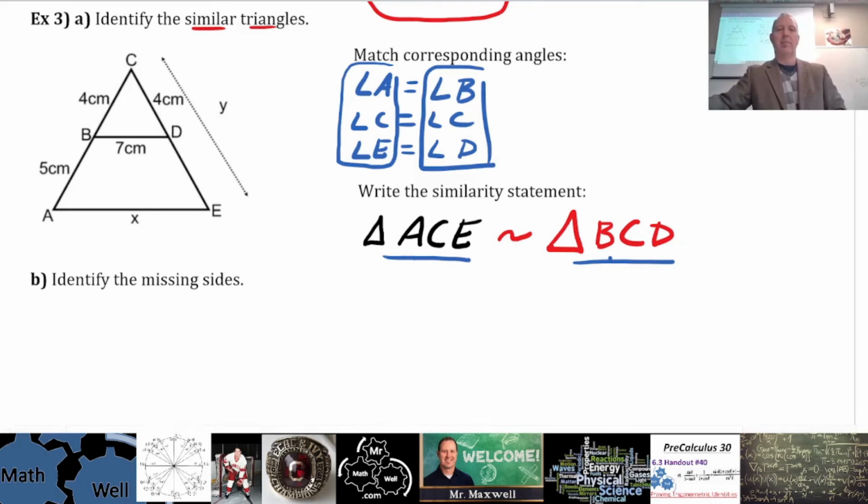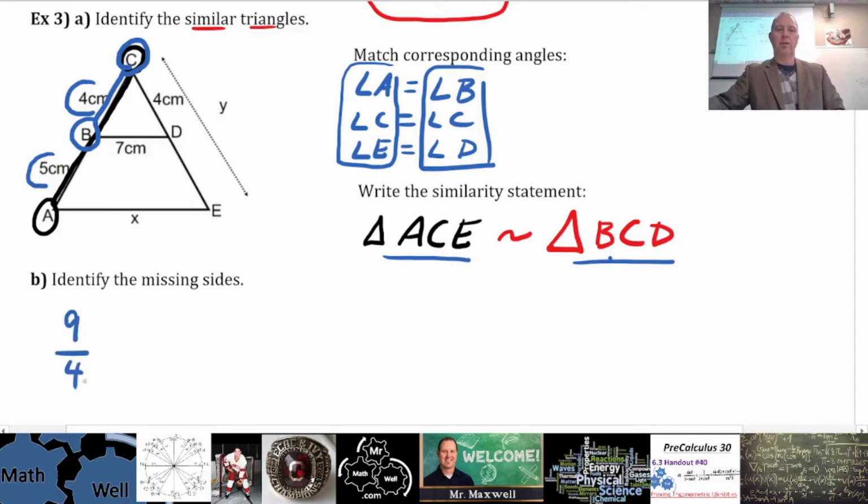Side AC and side BC. That is absolutely correct. Notice that we have the side of the big triangle, which actually is the sum of 4 centimeters and 5 centimeters. So AC is 9 and BC is 4. You guys see that?